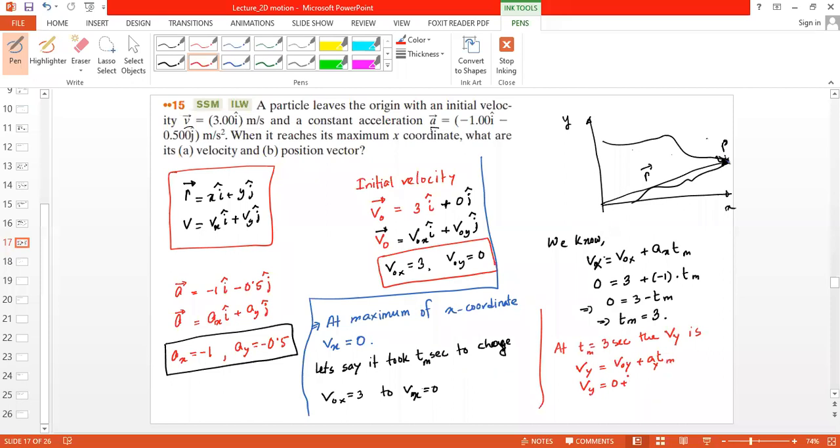So ay is minus 0.5 and tm is 3. So vy is equal to 1.5.